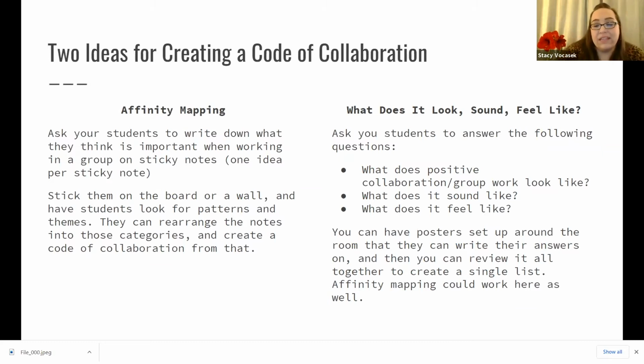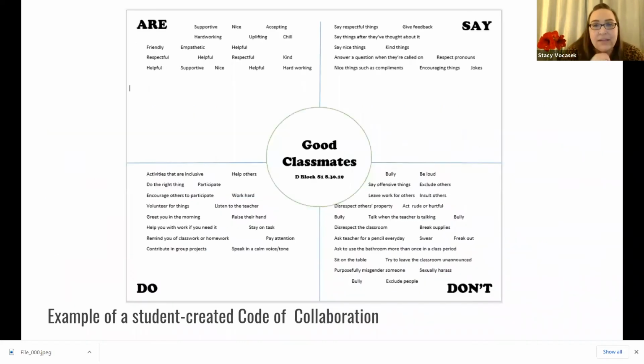So a couple of examples from my students in the past is we did good classmates, good teachers, good groups, and we went around and everybody added in words to the document. And then from there, we kind of pared it down to a top 3 or 5. I can't remember if we did 3 or 5. And then we had our list of what that means.